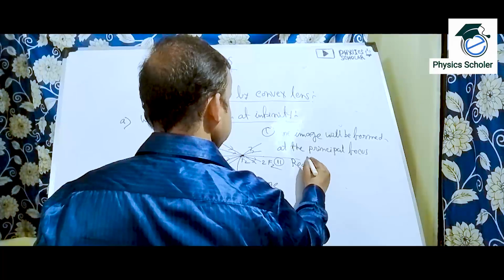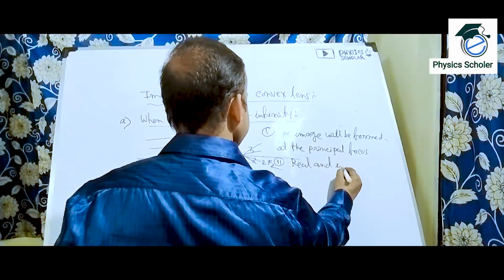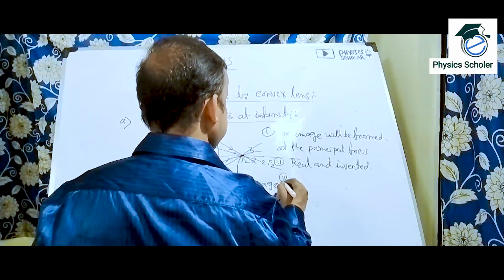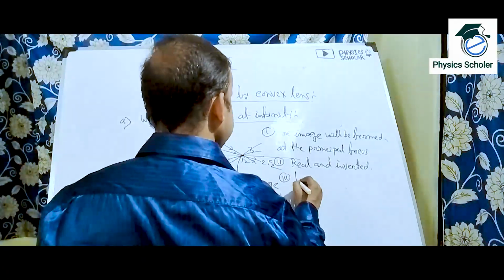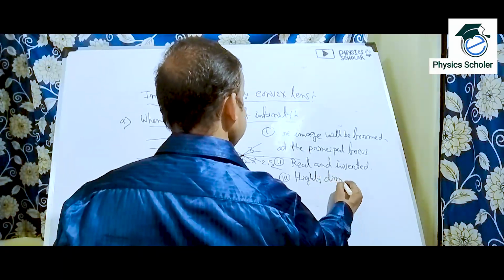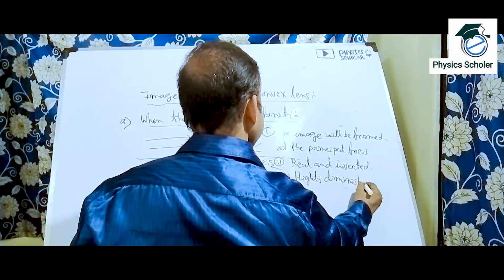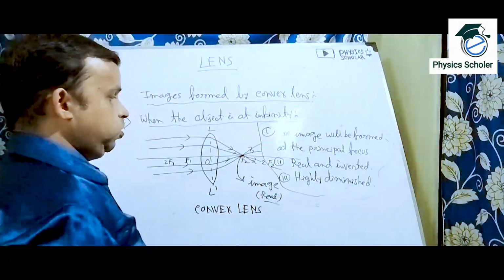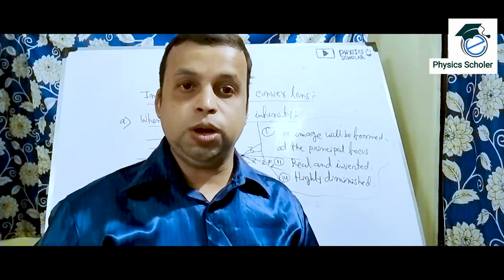Real and inverted, because we know real images are inverted in nature. What will be the size of the image? Highly diminished. So these will be the characteristics of the images formed by the convex lens when the object is at infinity.